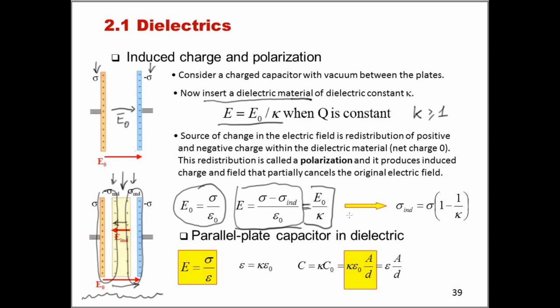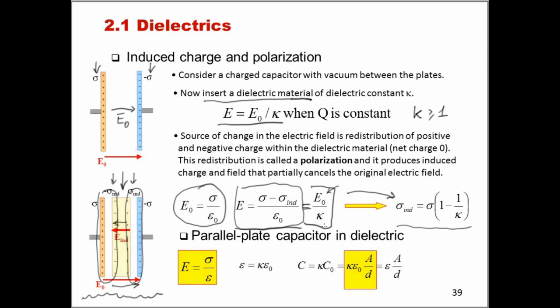And so from this formula we can now do two things. Either we can express or calculate the amount of induced charge this way. We have to recall that E0 is sigma over epsilon 0 here.